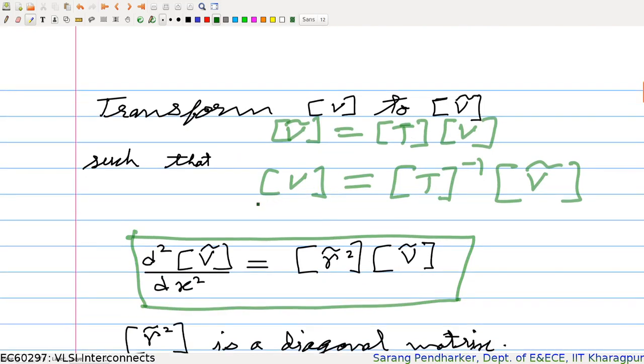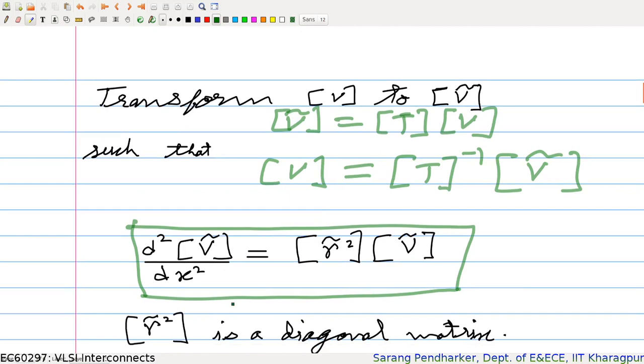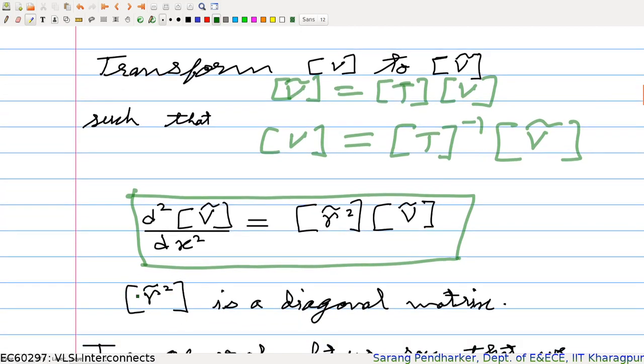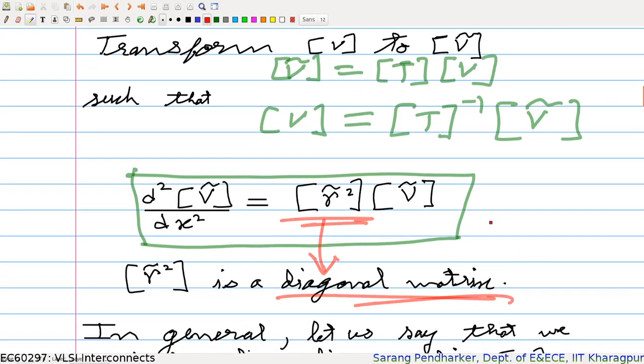Now this transformation helps me only if my gamma tilde square matrix is a diagonal matrix. This is a must condition for me, that this has to be a diagonal matrix. Otherwise, there is no point of this transformation.